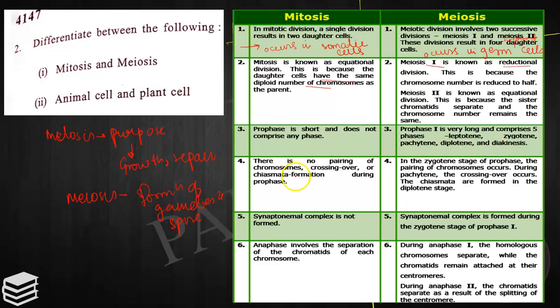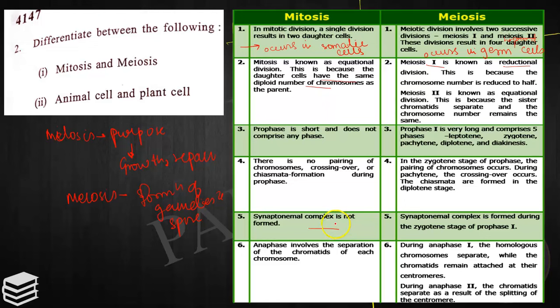In mitosis, there is no crossing over, no pairing of the chromosomes and no chiasmata formation. So here no genetic variation is seen, while in meiosis, in the zygotene stage of the prophase, homologous chromosomes pair and crossing over takes place during pachytene, and chiasmata is formed in the diplotene stage.